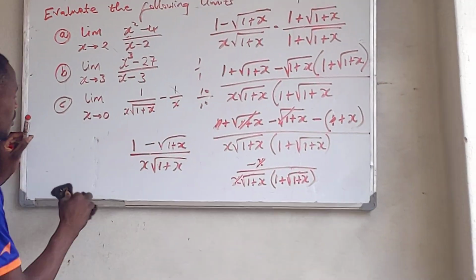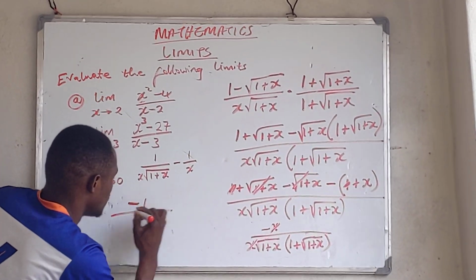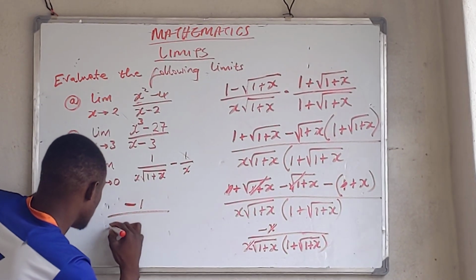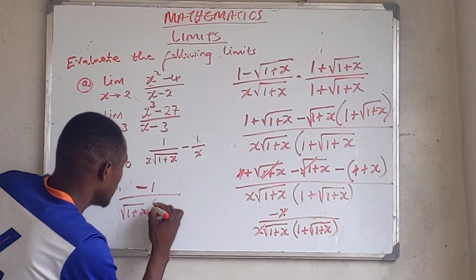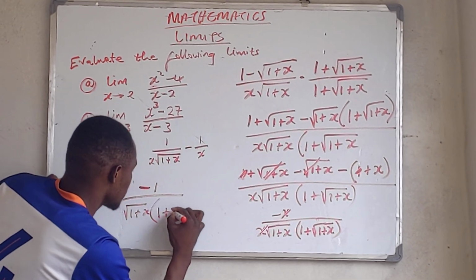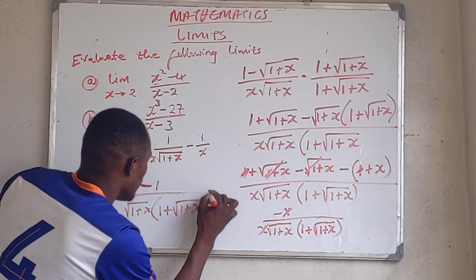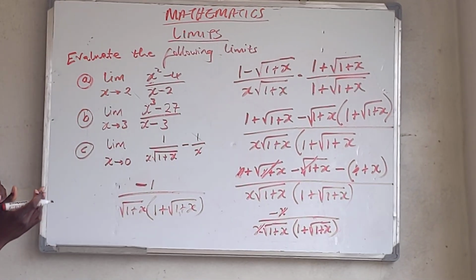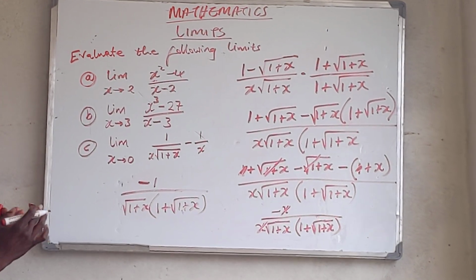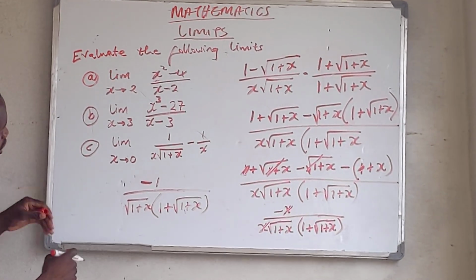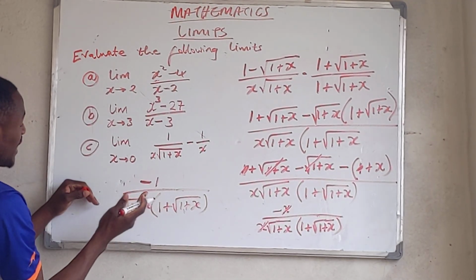So we'll have the root of 1 plus x open 1 plus the root of 1 plus x. Now, from there, let's go ahead and try to substitute. Where there is x, we put a 0. So we'll have 1 will remain just like that.